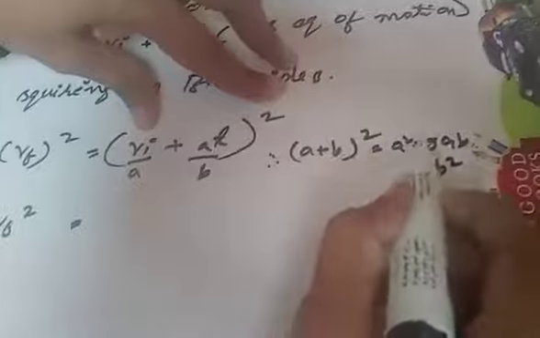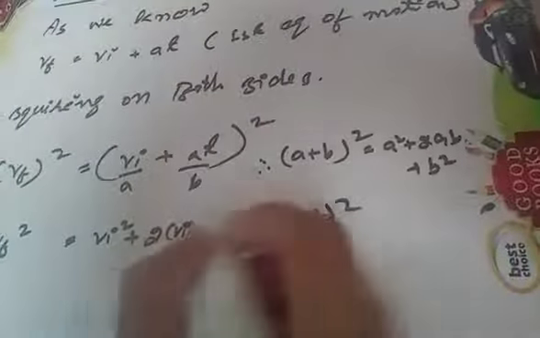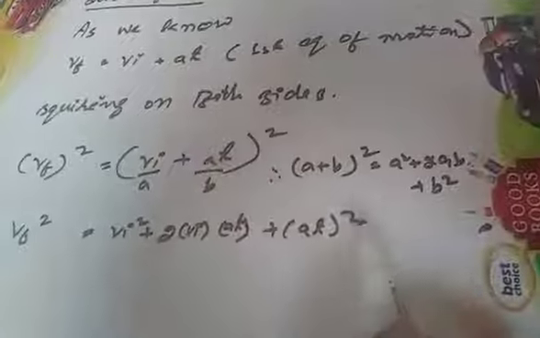So a² means vi², plus 2ab, which is 2 vi into at, plus b², where b is at.